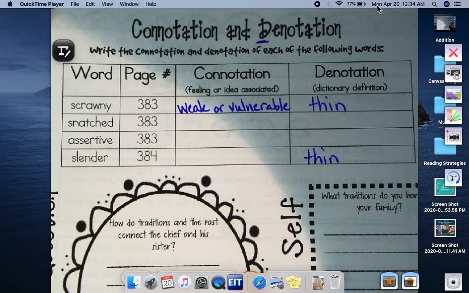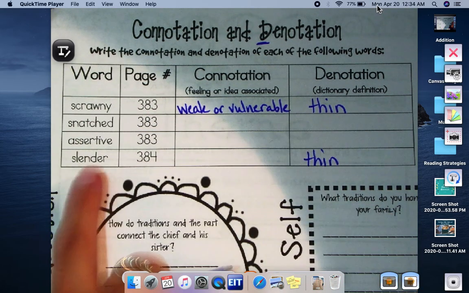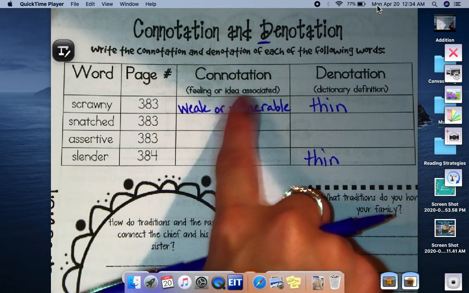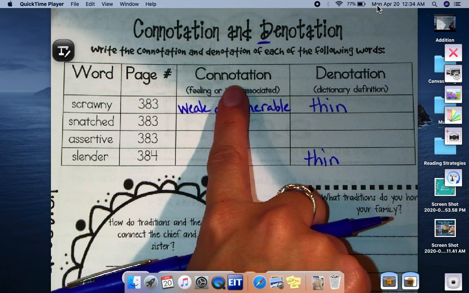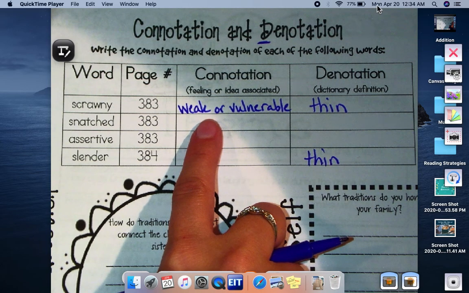Okay? I go back to thinking about like a stray cat. A stray cat that's scrawny is thin. A stray cat that's slender is thin. But the connotation, the feeling that you get from those words is different. Scrawny makes you picture it as like skin and bones, being very weak.